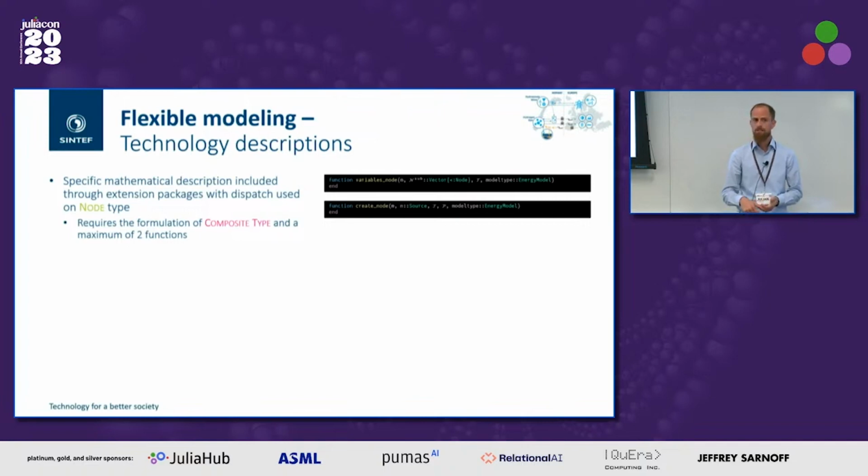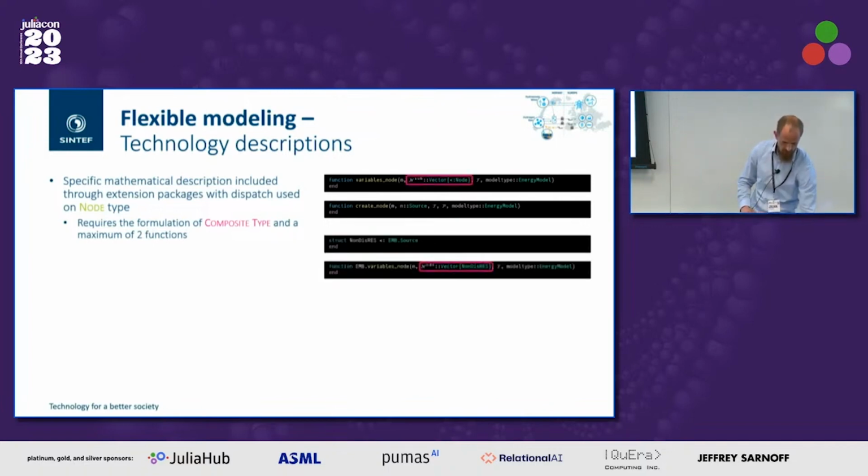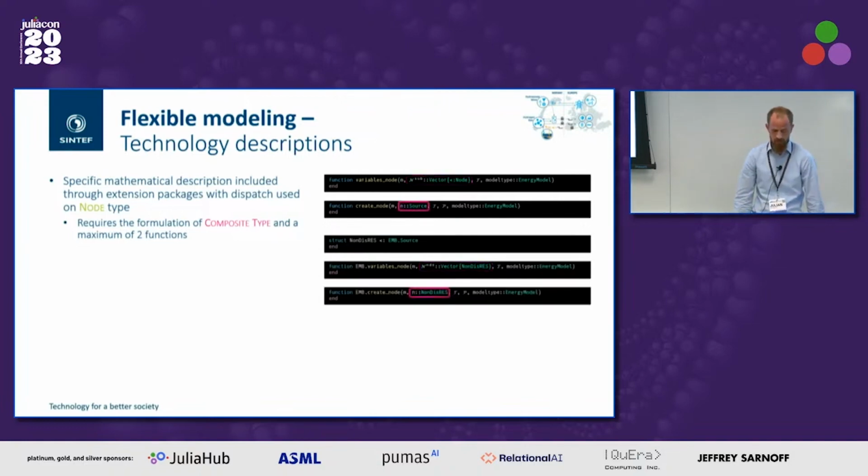So in that respect, moving away from the standard input-output efficiency approach in energy system modeling is rather simple in this situation. And so here is one example looking into non-dispatchable renewable energy sources.